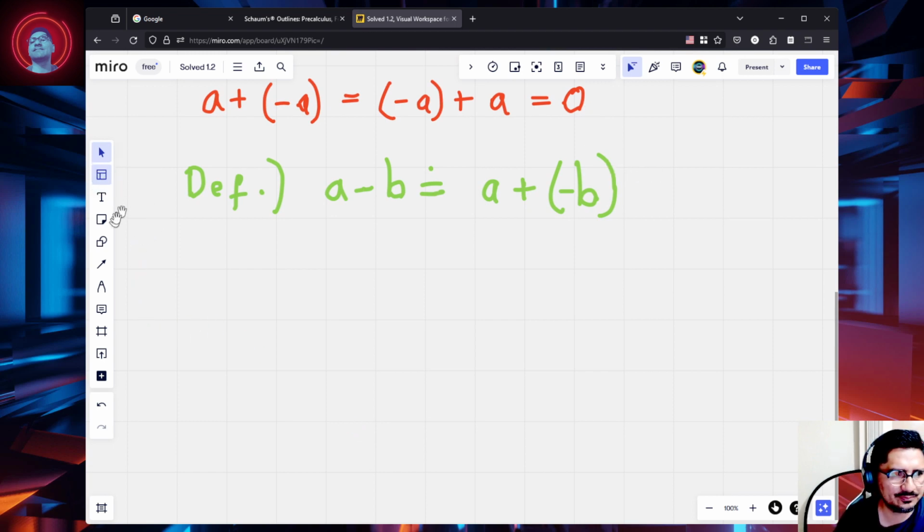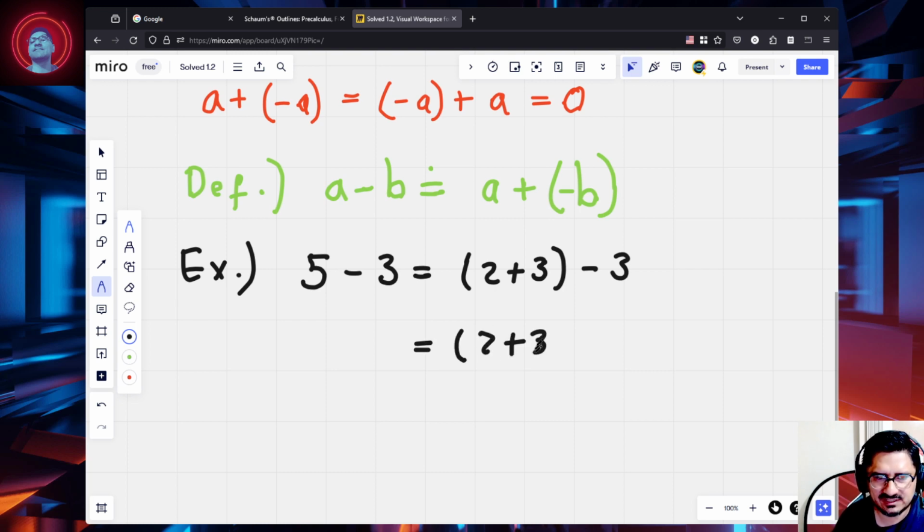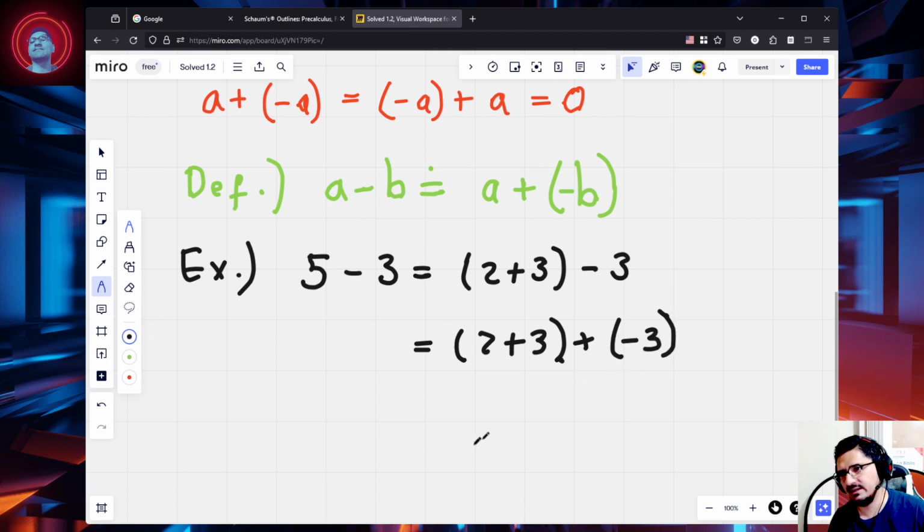For example, from an algebraic point of view, what does it mean to have 5 minus 3? Let's do this. We know for sure that 5 is 2 plus 3, right? Also, we know from the definition that this is like adding the negative, or the inverse, of 3.